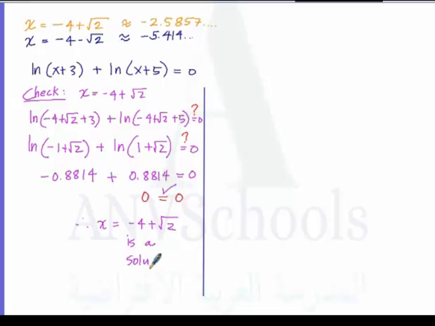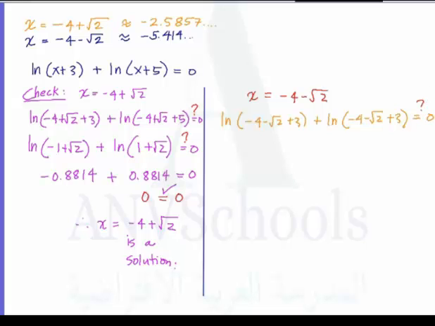Now, how about the other one? Let's check the other one. The other value of x is equal to negative 4 minus square root of 2. Now, let us use that in the equation. So, ln of negative 4 minus the square root of 2 plus 3 plus ln of negative 4 minus square root of 2 plus 3, is this equal to 0?